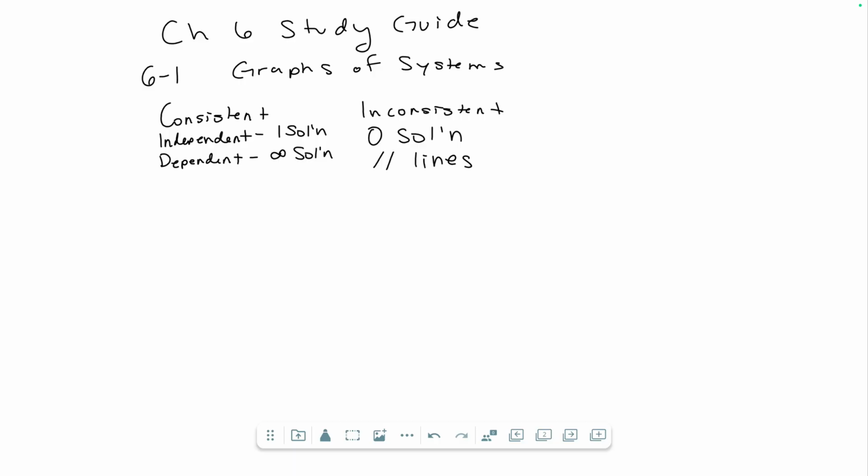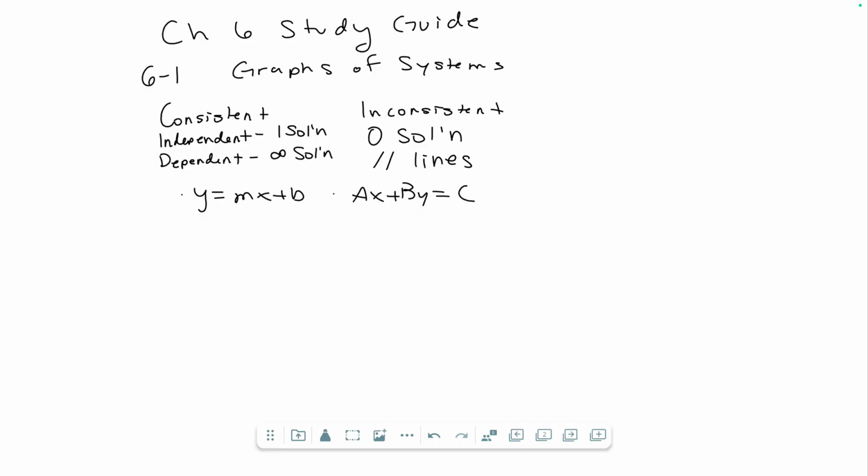You do need to remember how to graph slope-intercept form and standard form. Okay? We would also use these once we got to lesson 6. I'll get there in a minute. Okay? So you should be able to look at a graph or make a graph and classify the system.